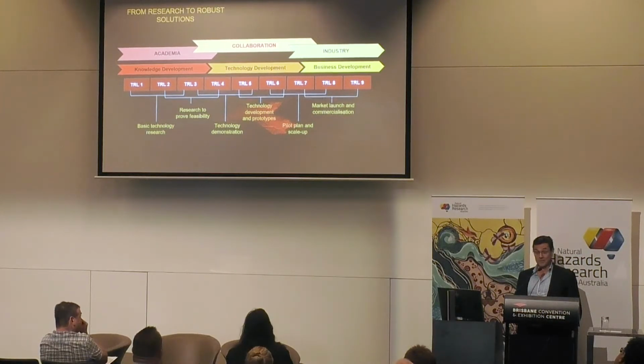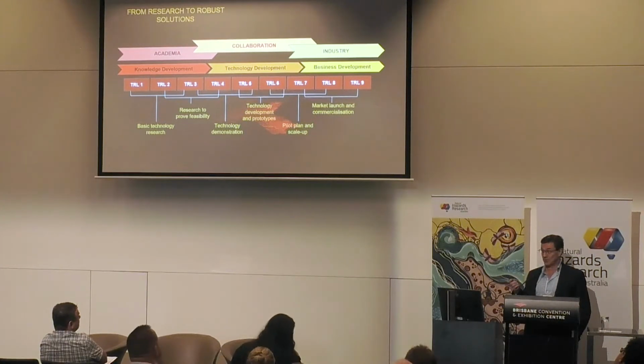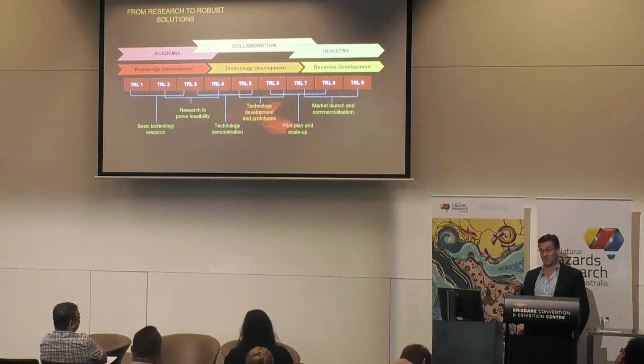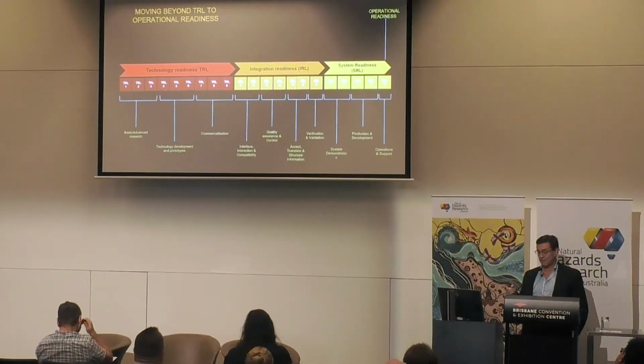If you try to use those as a system to listen to music through your phone, unless they're at systems readiness level, you're not going to be able to use them. They're not much use to anybody. And it applies to the emergency services in terms of adoption of the technology. It can't just be that your software works; it needs to be integrated, and your software needs to be systems ready and, more importantly, operationally ready. And that path looks very different.